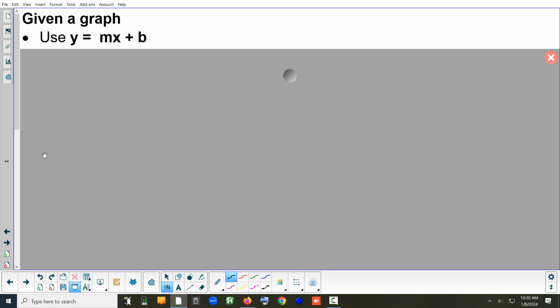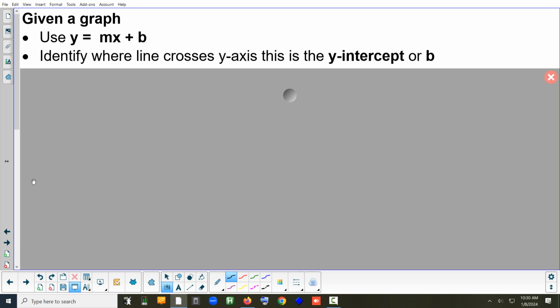So you have to figure out the slope and the y-intercept by looking at the picture. The way you can figure out the y-intercept is when you look at the picture, tell me where the graph crosses the y-axis. That's going to be your y-intercept.